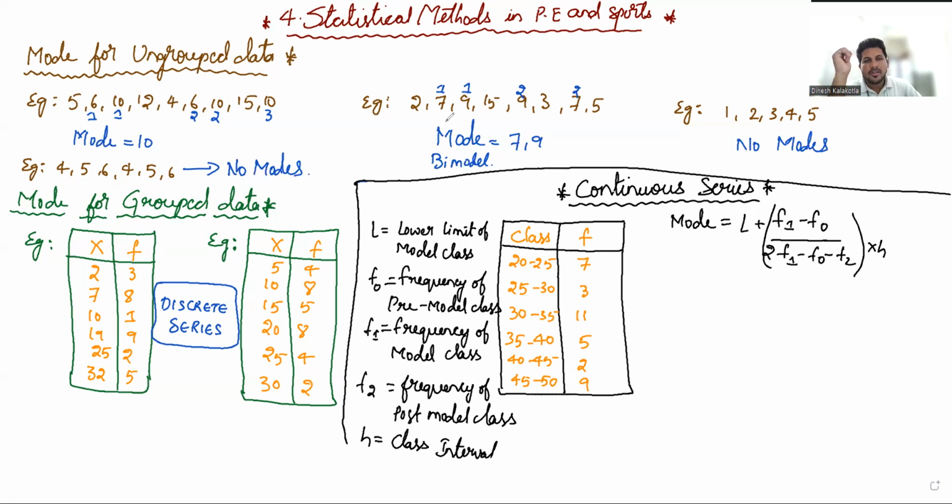For example, in this example 2, there are 2 modes. If there are 3 or 4 modes, then you call it multimode.